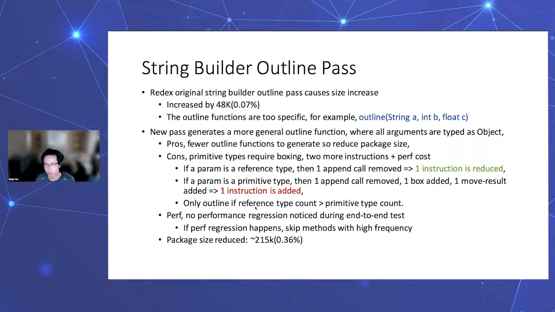Of course, this solution has some performance impact if we purely inspect this strategy, because boxing has a performance cost, and calling into another function also has a performance cost.